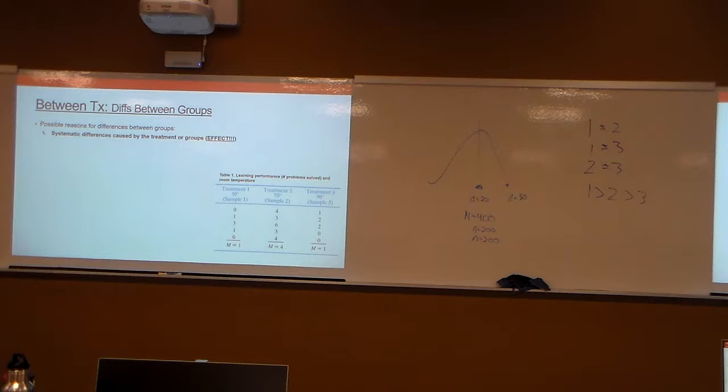So between treatment or between condition variance, treatments being the classic ANOVA term for different groups, right? Differences across our groups. Again, this is using that temperature handout, that ANOVA handout I gave you guys, if you haven't pulled that out, because we'll use it as a nice reference. What we've got in this example is looking at learning performance based on the number of problems solved based on room temperature, right?